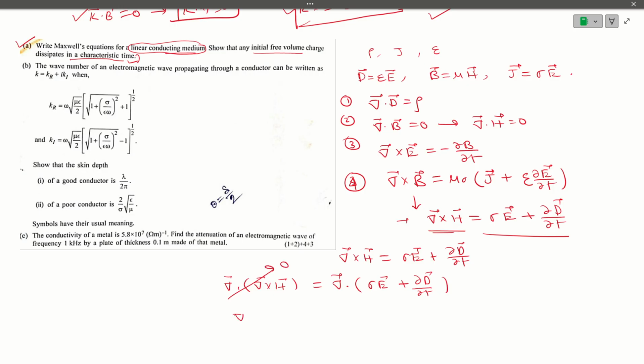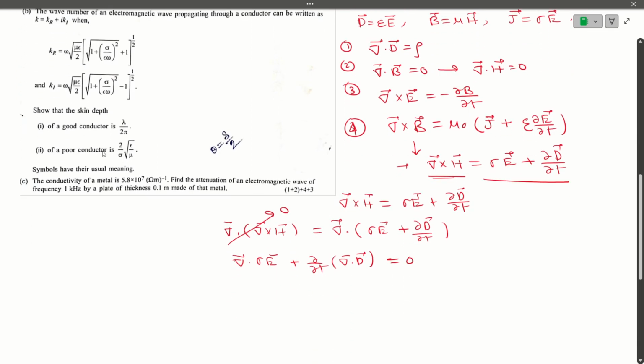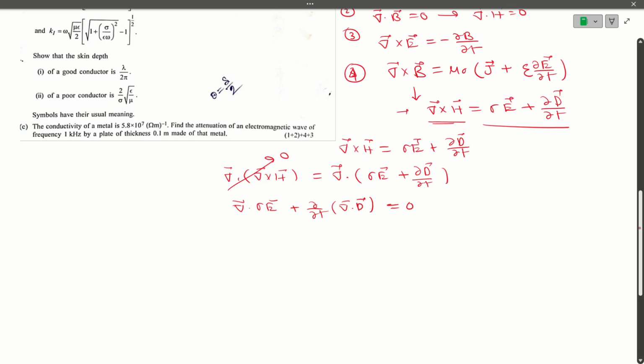So here divergence of sigma E plus del T of divergence D. D is epsilon times E, so we can replace D in terms of E.